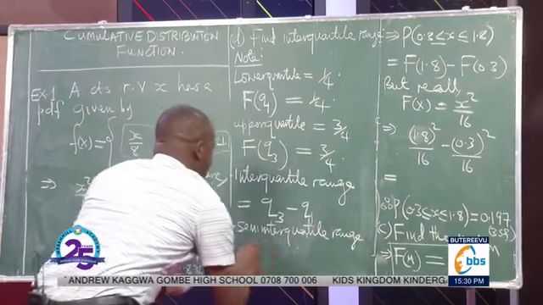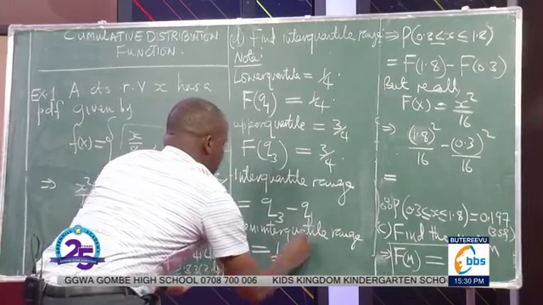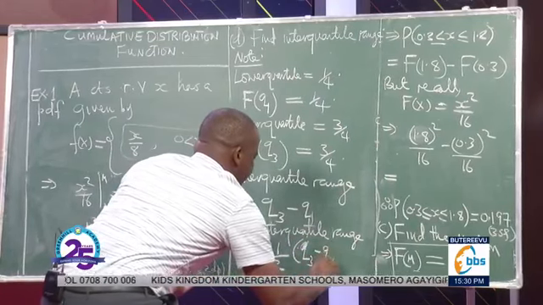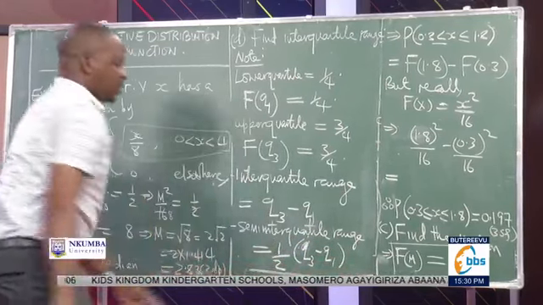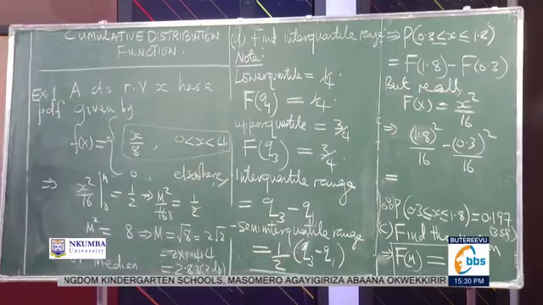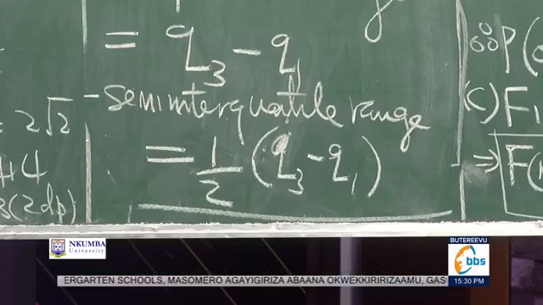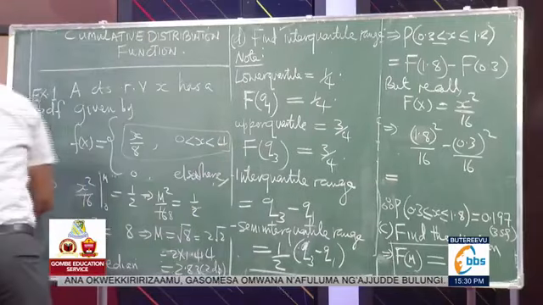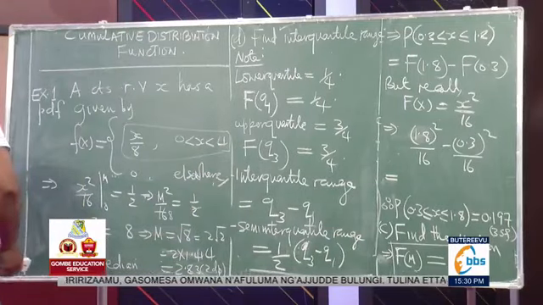Semi means a half, into this difference, into Q3 minus Q1. Students following this lesson, specifically S5 and S6 students offering principal mathematics, take note of this. And now I can comfortably move to solve that number over there.